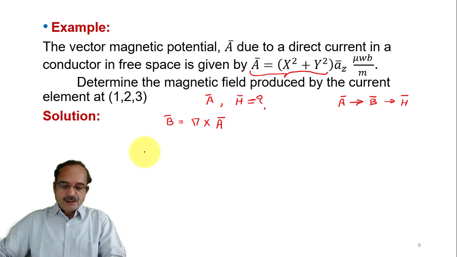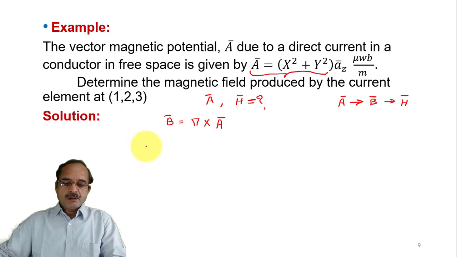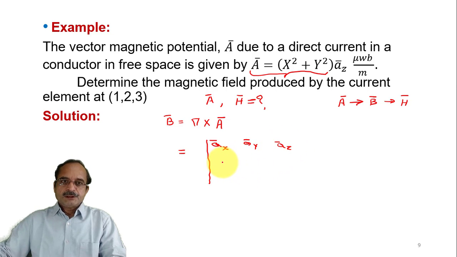So let us write the equation for del cross A in the Cartesian coordinate system. We will have unit vectors ax, ay, and az, and d/dx, d/dy, and d/dz.